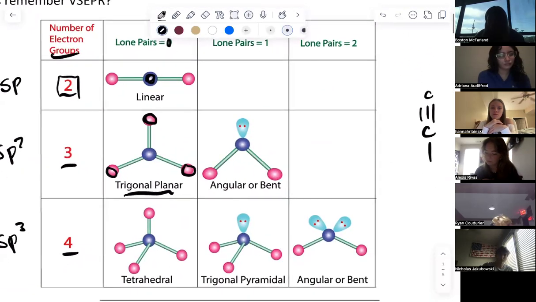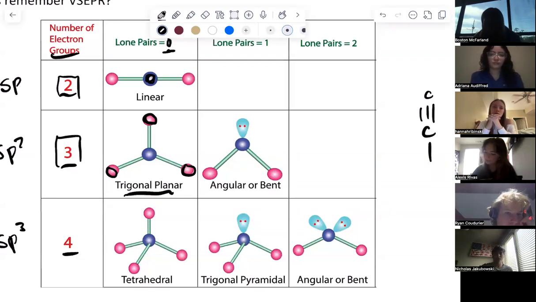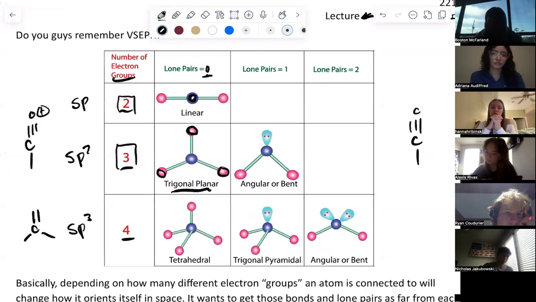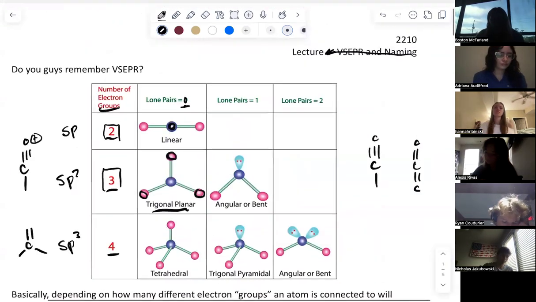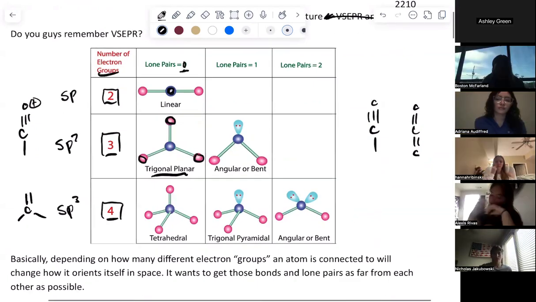What would that be on this chart if something had three things attached to it and no lone pairs? Trigonal planar. It has to be. It's no longer sp3. It no longer has four different things attached to it. It lost an electron group and gained nothing in return.